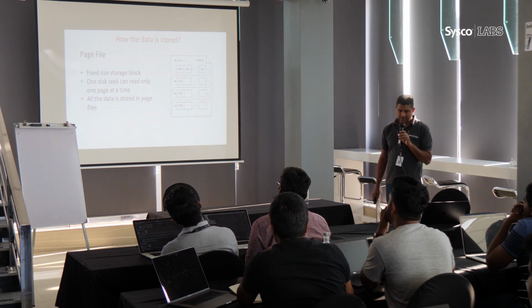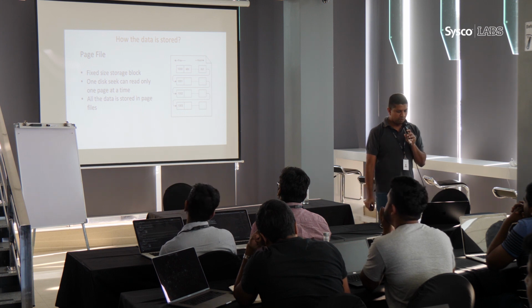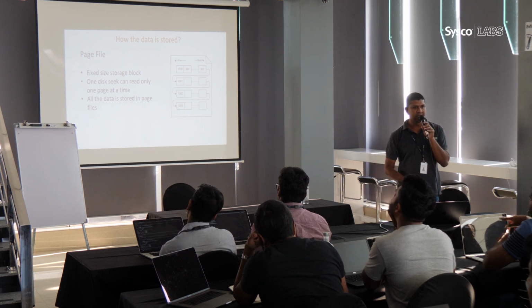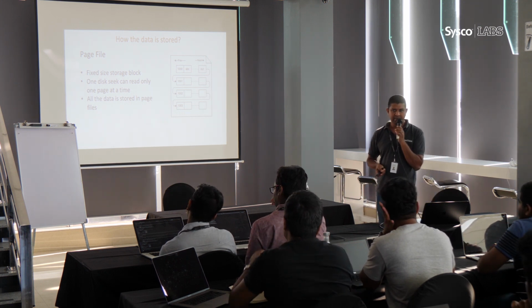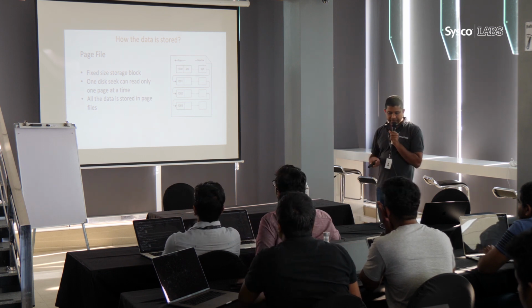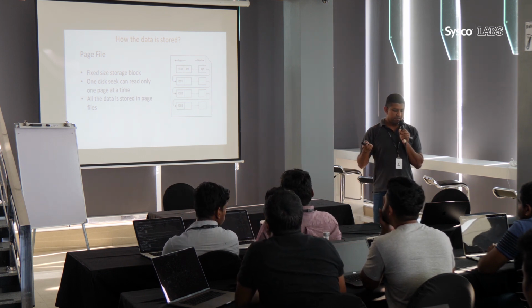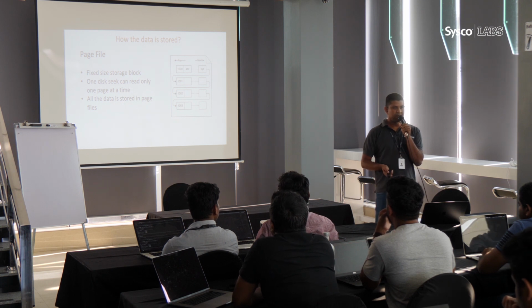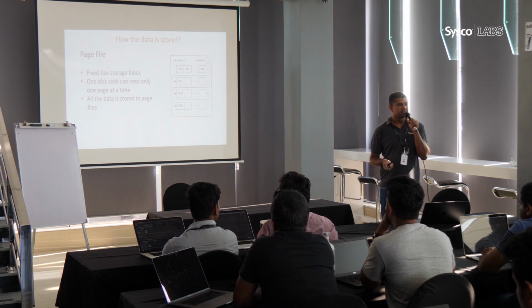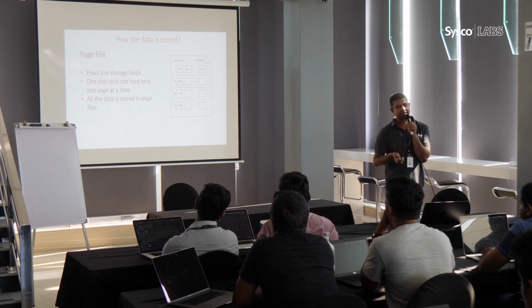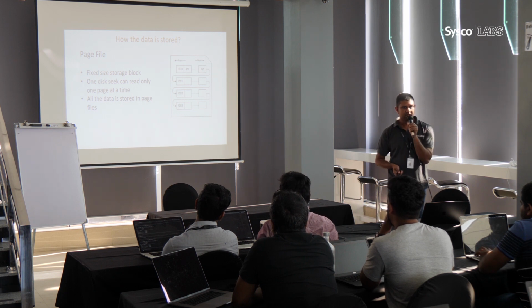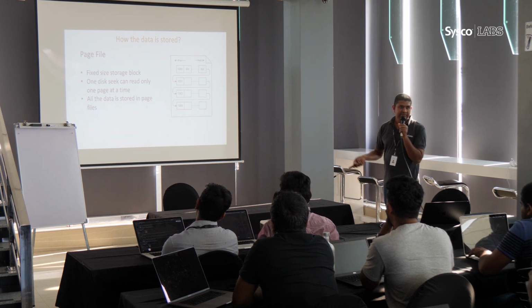So now let's look at how the data is stored in an RDBMS system. Basically, in any RDBMS system, data is stored in something called a page file. That is the basic unit of storage, right? What does this page file mean?